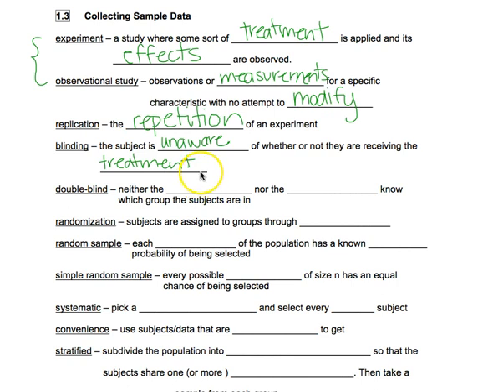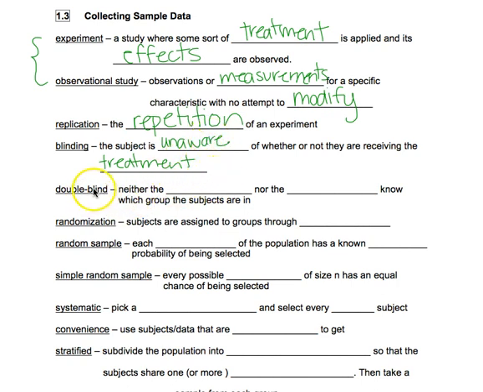A lot of times with a new medical treatment, they'll have the treatment itself and then they'll have a placebo, basically just a sugar pill that doesn't do anything. So if it is a blinded study, that means that everyone who's participating in the study doesn't know whether they're actually receiving the medication or whether they're receiving the placebo.